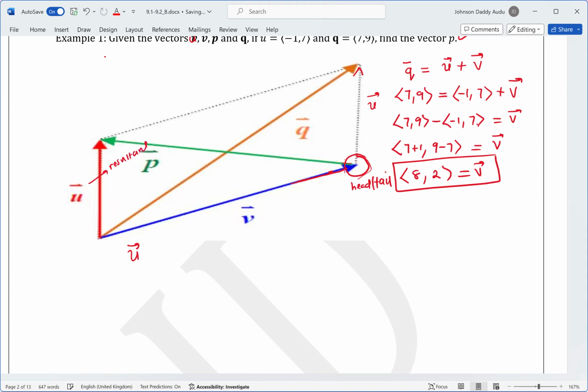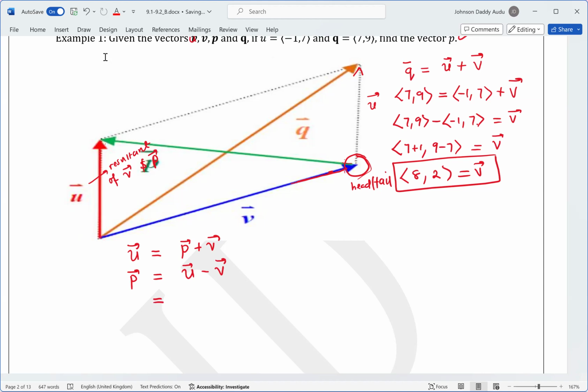So it's the resultant of V and P, vector P. So it means that U is nothing but P plus V. And remember, we want to find P, so we can solve for P, which is just going to be U minus V. But what is U?